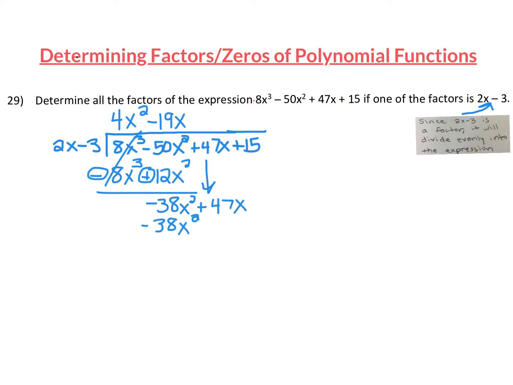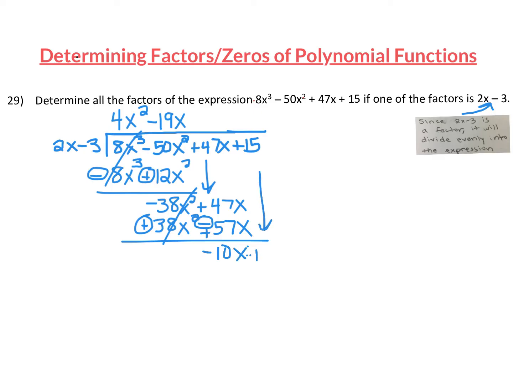Positive 57x. Okay, so we're going to change this to addition and circle it, and change this to subtraction and circle it. Okay, so the first 2 terms cancel. And then 47x minus 57x would be negative 10x. And we're going to bring down our last term, the plus 15.